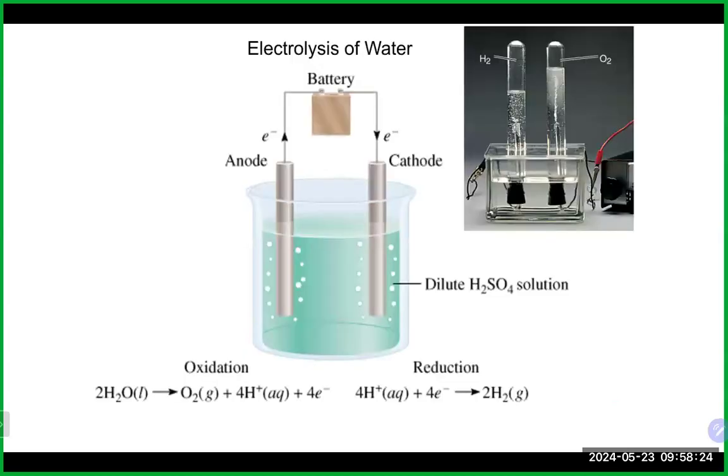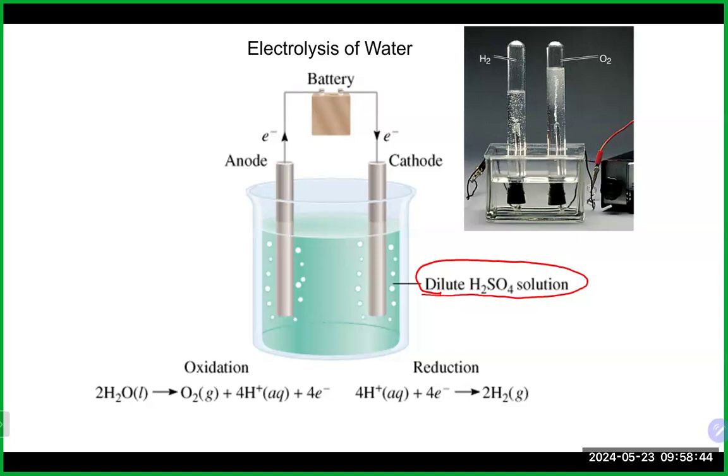You could also do the electrolysis of water. You can run an electrical current through water, a simple 9-volt battery, a little electrodes, and you could break apart water. Usually you need to make the water a little bit acidic, and that's why you oftentimes will see this dilute sulfuric acid solution.